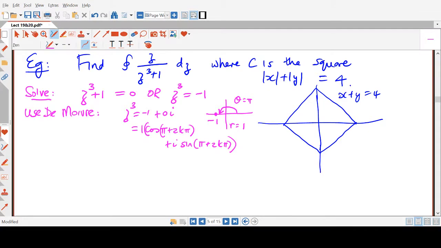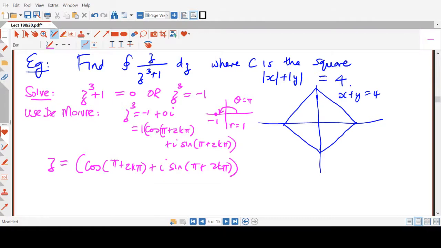It goes around 2 pi many times by 2 pi units. And then if I want to get z to the 1/3, it'll be cos of pi plus 2k pi plus I sine of pi plus 2k pi.